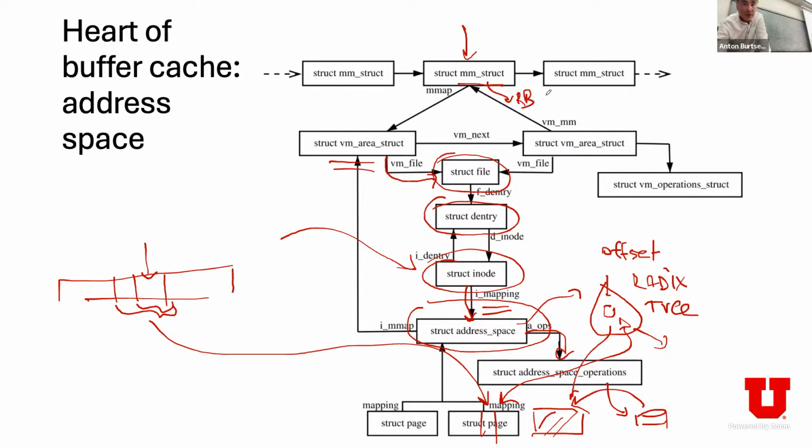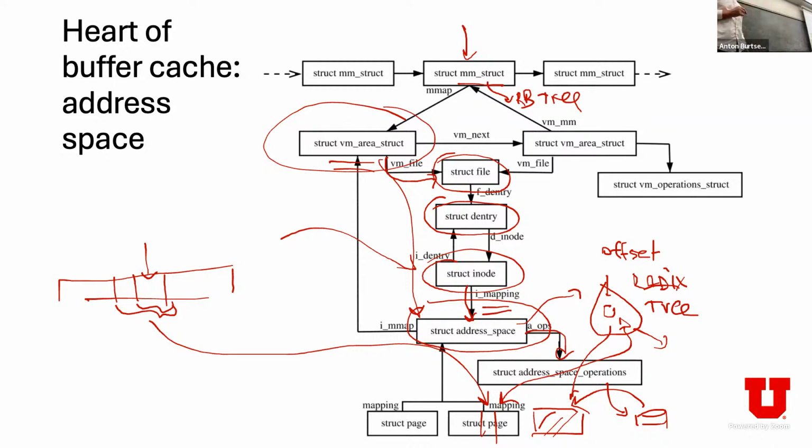Remember this thing? So the red-black tree allows you to look up a memory area. Within the memory area, you descend those pointers, get to the address space. And if it's backed by a file, you search the radix tree, figure out whether the page is in the buffer cache. And if yes, maybe it was just unmapped and you remap it back, for example, stuff like that, right? Does this make sense?